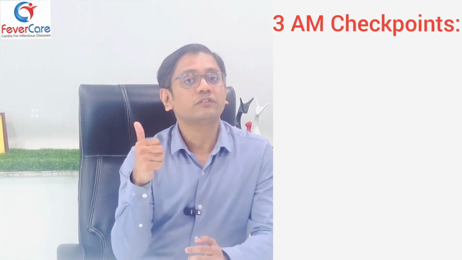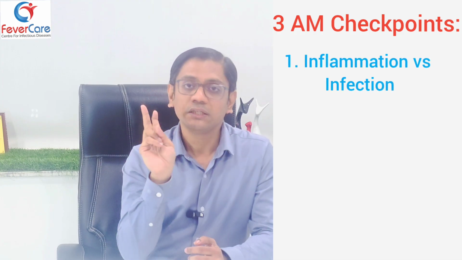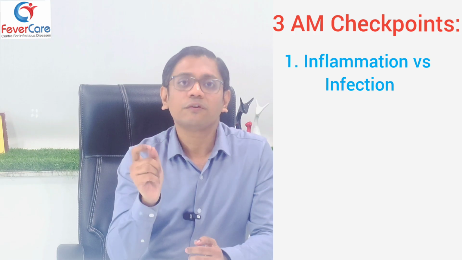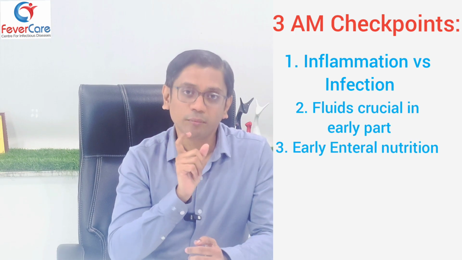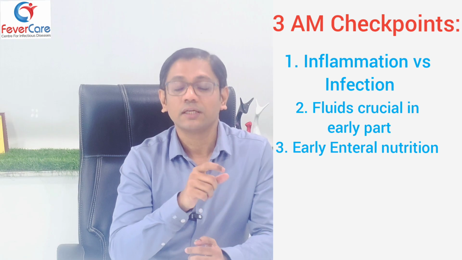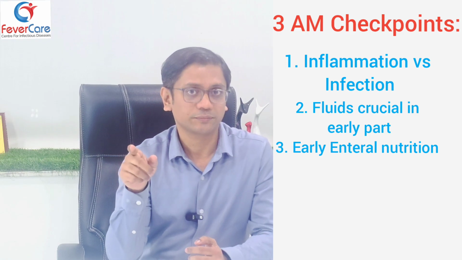So, what are the 3 AM checkpoints when it comes to severe acute pancreatitis? First and foremost, differentiate what are the signs because of inflammation, even SIRS, versus those because of infection. Second, in acute severe pancreatitis early part, fluid therapy and proper management of enteral nutrition is far more important than jumping onto broad spectrum antibiotics.